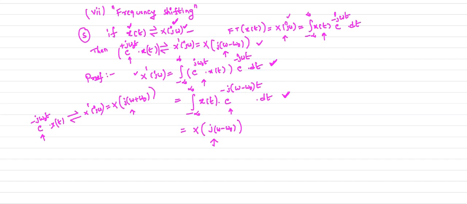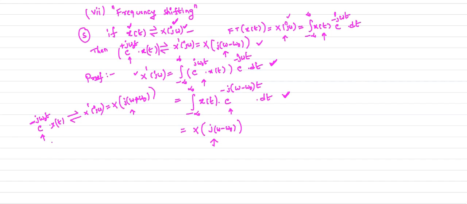With the plus sign in the exponent, in the frequency domain we got the minus sign, a right shift. With the minus sign, the signal in the frequency domain is shifted left by omega naught units. This is your frequency shifting operation.